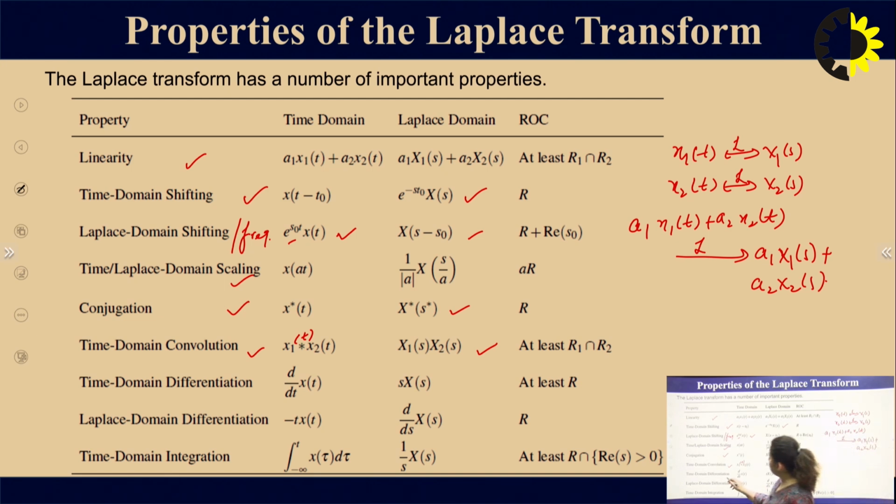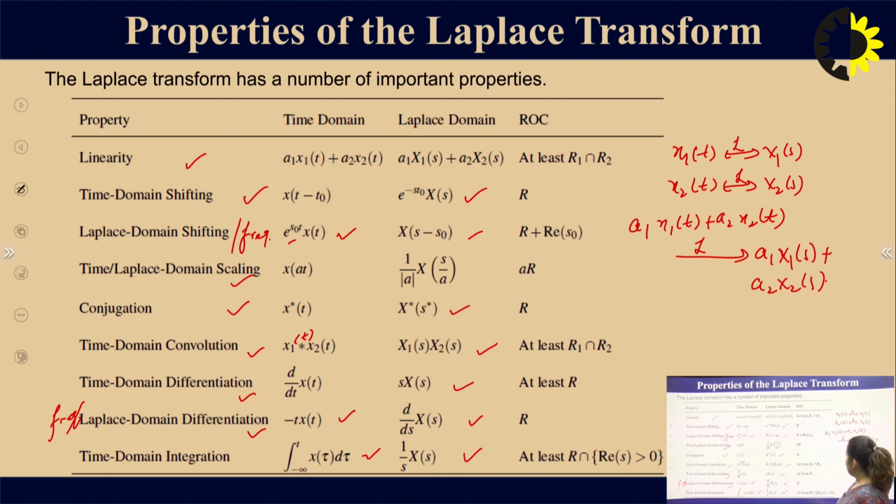Then the time differentiation property, d by dt of x(t), which becomes s X(s). Then frequency domain differentiation: multiplying by minus t of x(t) gives d by ds of X(s). Then time domain integration from minus infinity to t of x(tau) d tau, which is 1 upon s X(s).